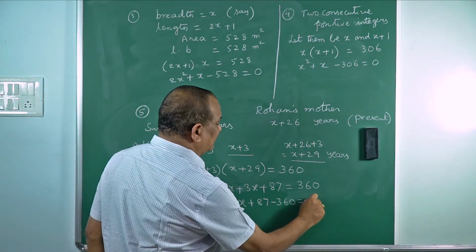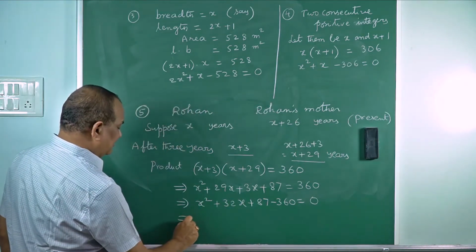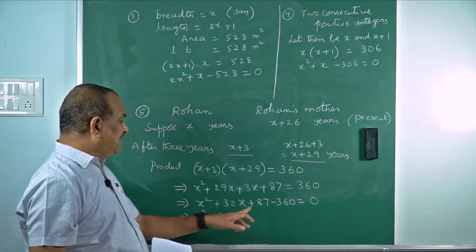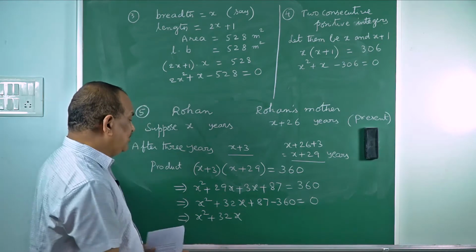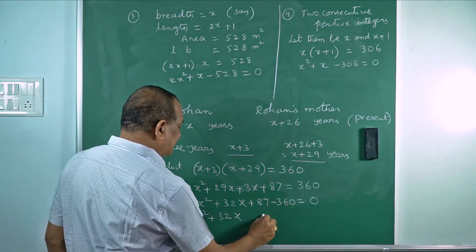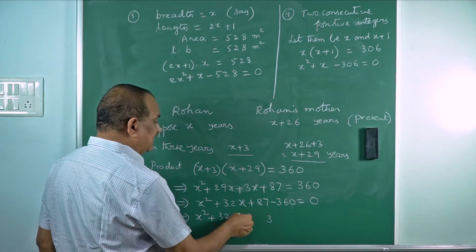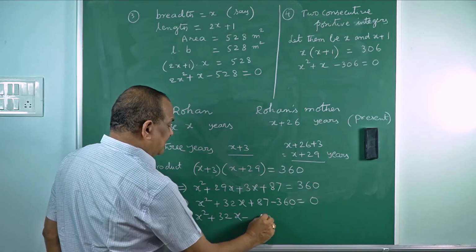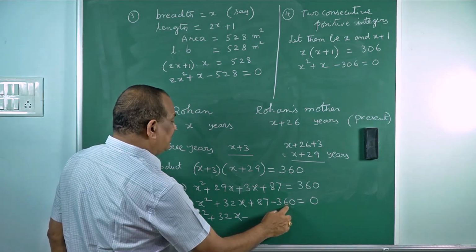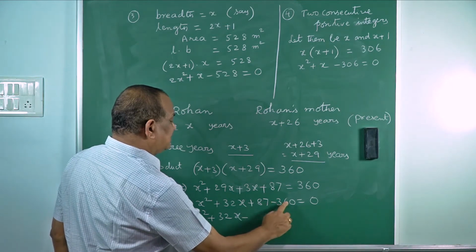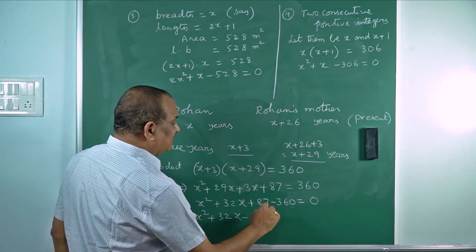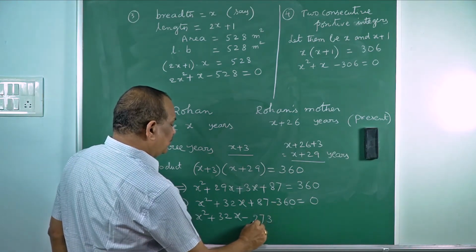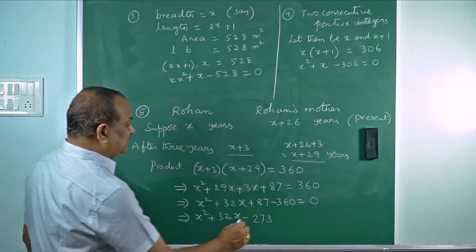And what is the difference? x square plus 32x, these two remain the same. 87 minus 360 is negative, smaller number minus larger number, so it is minus 273. So x square plus 32x minus 273 is equal to 0.